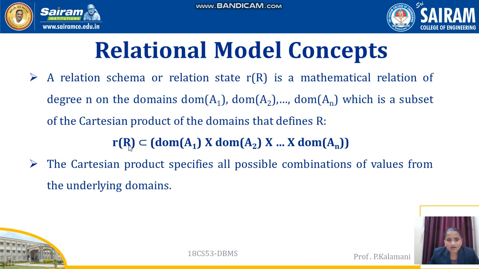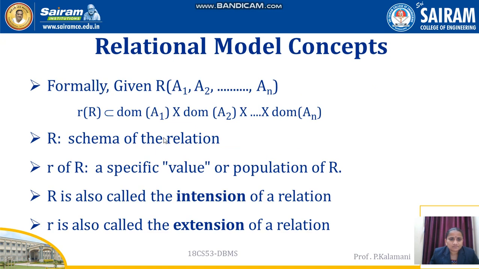Domain of A1 means it will take all the possible values of attribute 1, Cartesian product with domain of A2, cross domain of A3, etc., up to domain of AN. Already we know the Cartesian product takes all possible combinations of values from the underlying domains. So formally this is the thing, and r(R) is a subset of this.